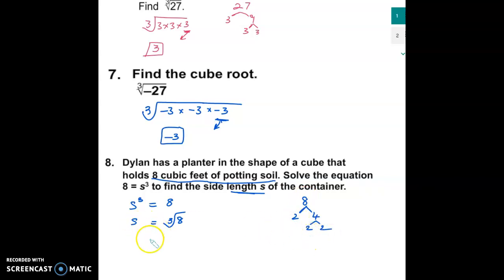So the cube root of 8 is 2 times 2 times 2. Your s is going to be one of the 2's, which is 2. So 2 feet is each side of the container. If you want to check it, 2 times 2 times 2 gives you 8.